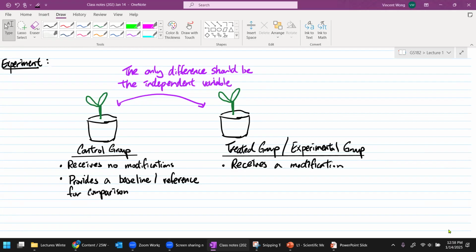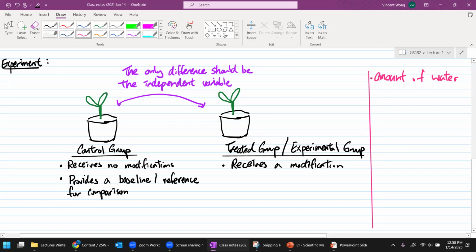So let's have a list of things on the side that we need to keep the same for both groups. I already mentioned a few. We should have the amount of water, for example. What else should be the same between them?